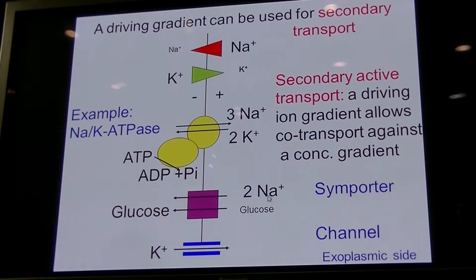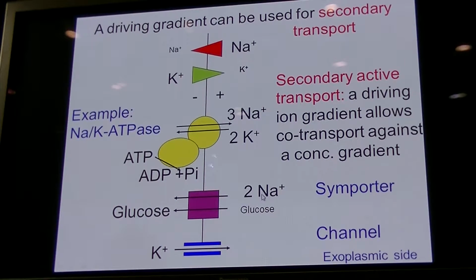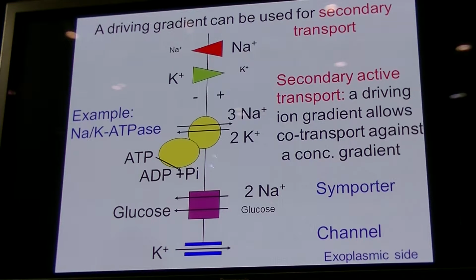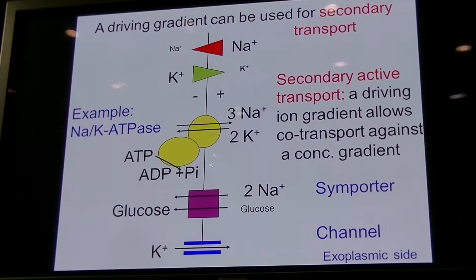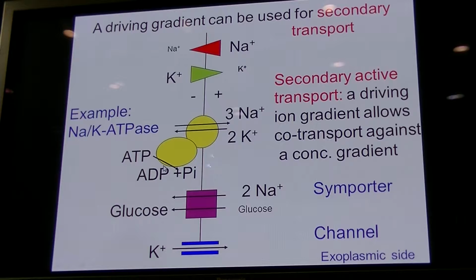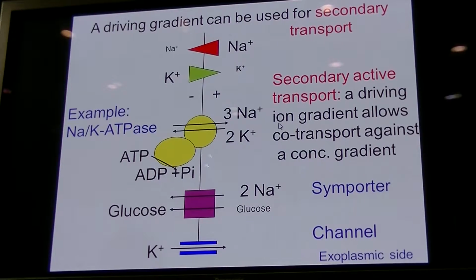And the amount of energy that is taken out of this ion gradient system is relatively low, whereas the energy stored in ATP is relatively high. Later we'll see how we can quantitatively compare the amount of energy, that currency that's stored in ATP, with the amount that's stored in an ion gradient.